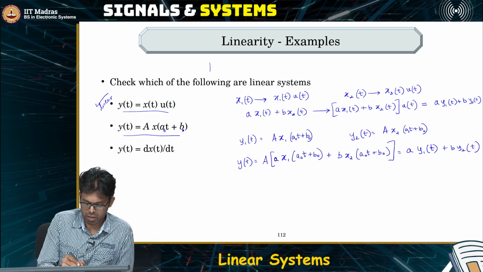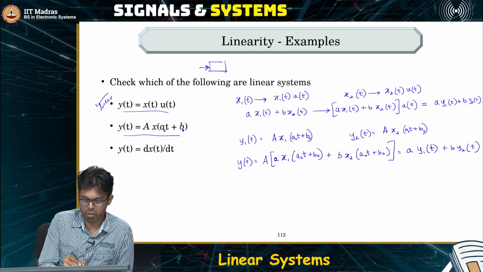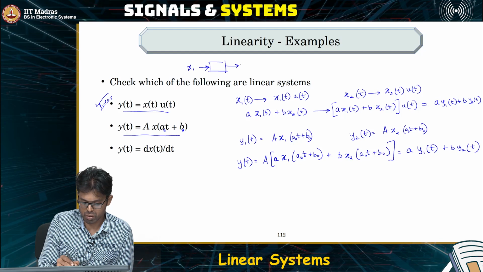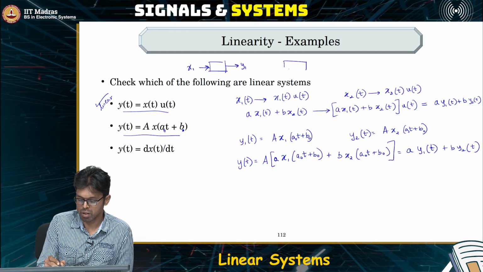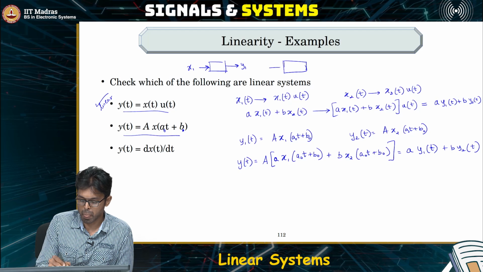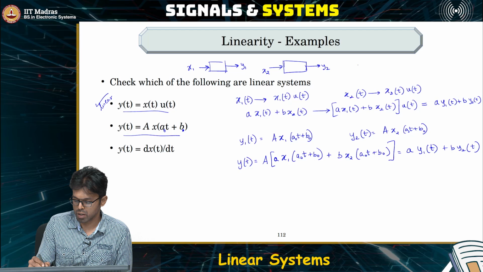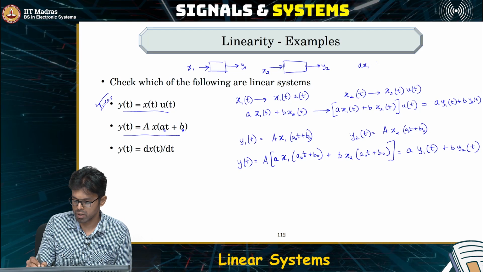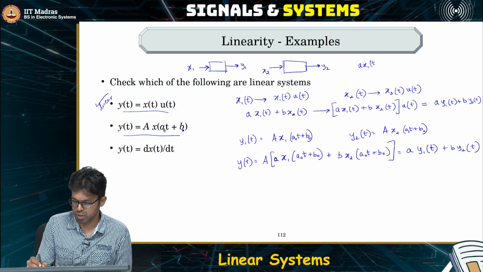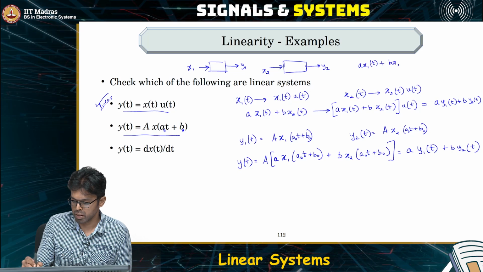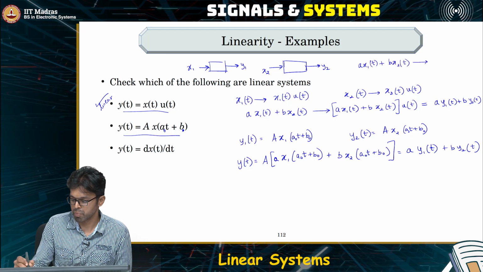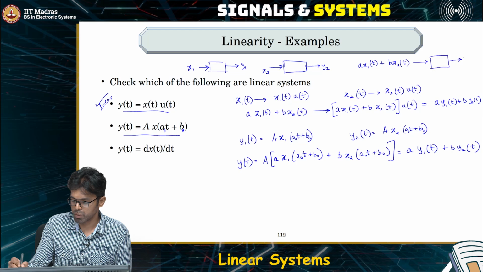Here we are saying that x1 produces y1 and x2 produces y2, and a x1 of t plus b x2 of t produces y of t.